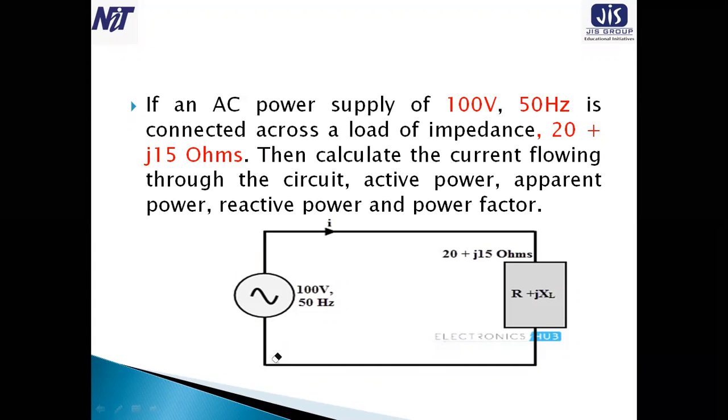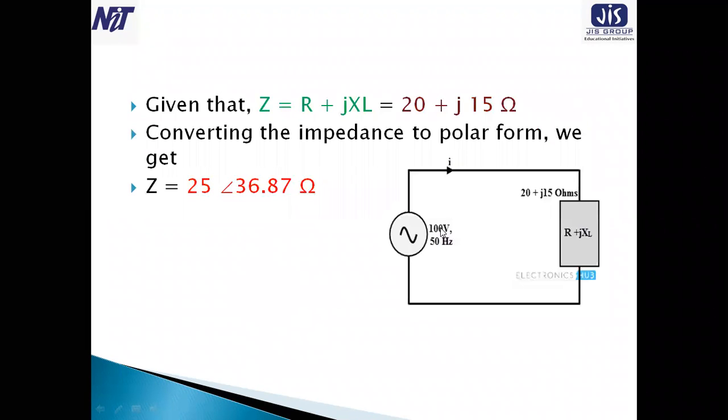If you can identify that, it's not so tough to solve the problem, because after that you need to remember only the circuit diagram. Then it is very easy to solve the problem. So this is our problem. We already identified what are the given values and what is our aim to calculate.